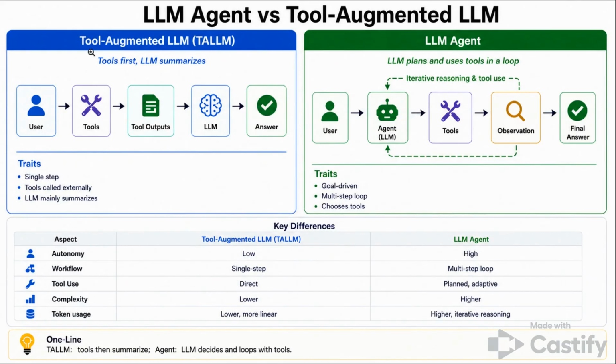But in our tools-augmented LLM design, we directly call the tool, which is hard coded. Then we call the LLM to summarize the result and send back the answer. With this, we use fewer tokens, but it's also less autonomous. It's not an agentic workflow. It's like a simple RAG system, but at the end of the day, it saves tokens.